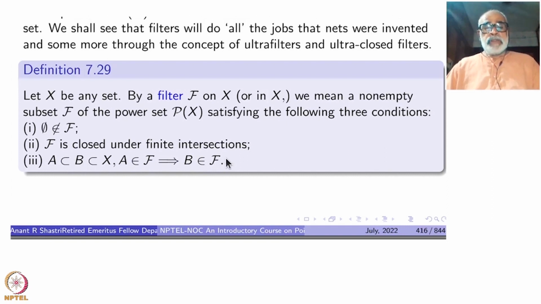So similar to the conditions of a topology, we have these three conditions. Only these two, finite intersection is there. And strongly, the empty set and X were there in the topology.